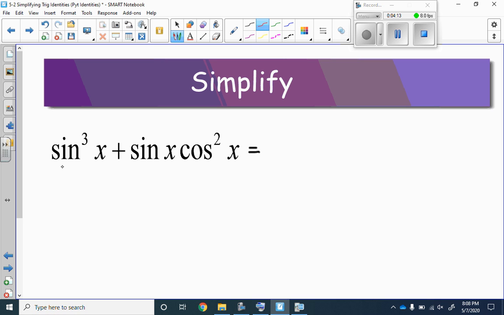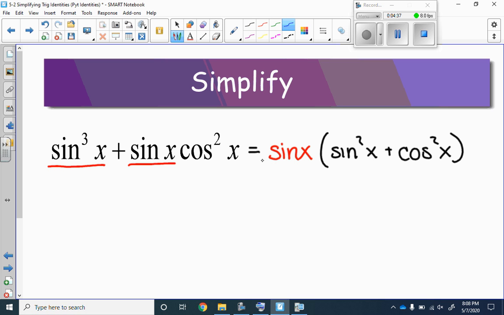So when I look here, I've got sine cubed x plus sine x cosine squared x. Notice that you've got a sine x in both of these. If I take out a single sine x, I am left with sine squared x plus cosine squared x.